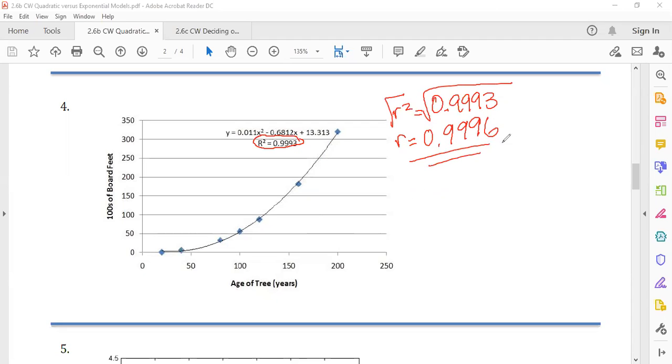Okay, and what do we know about our correlation coefficient here? The closer r is to 1, what does that tell me about this function here?